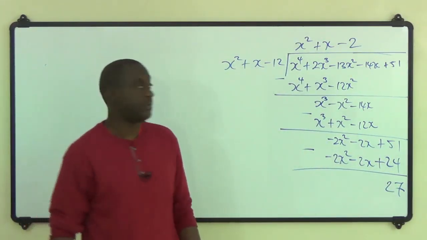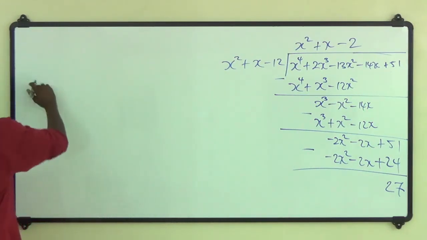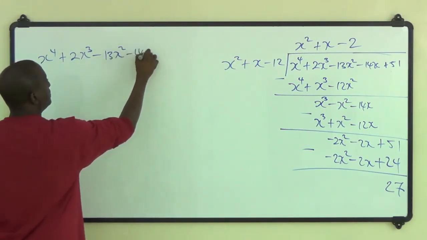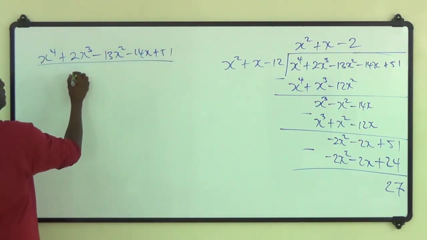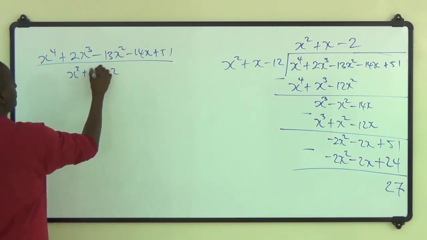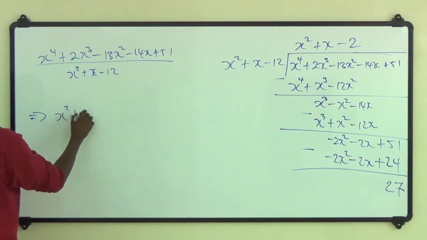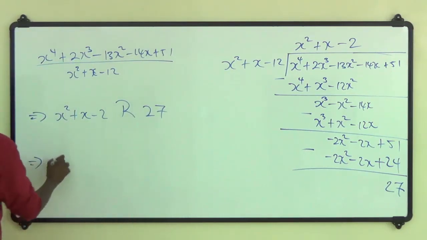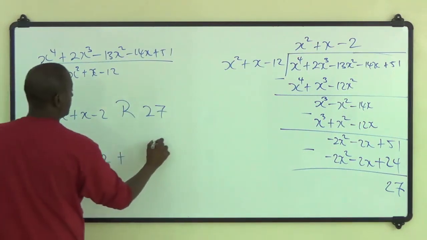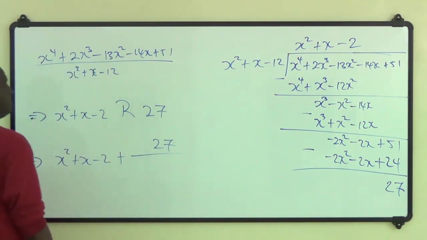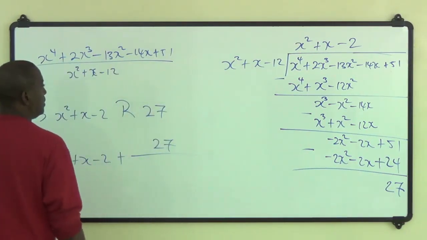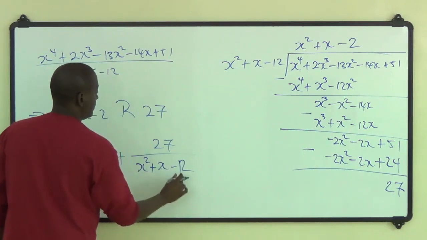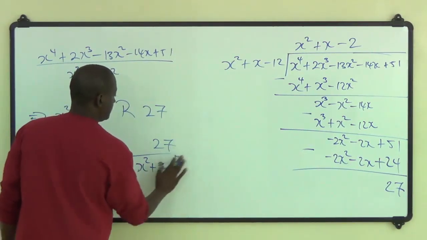That is your remainder. So we could say now that x to the power 4 plus 2x cubed minus 13x squared minus 14x plus 51 divided by x squared plus x minus 12 is equal to x squared plus x minus 2, remainder 27, or you can write it as x squared plus x minus 2 plus 27 over the original divisor, which would be x squared plus x minus 12.